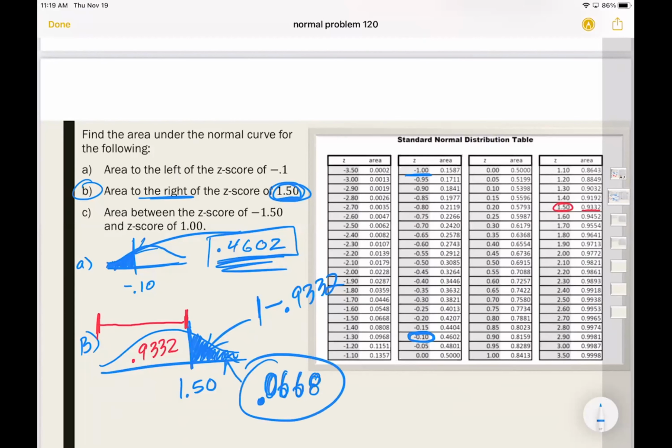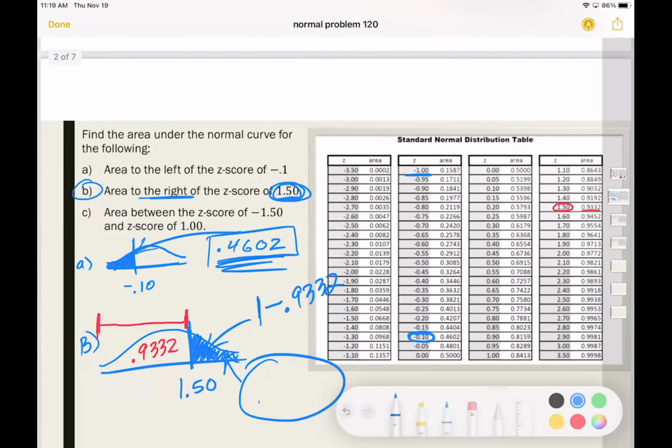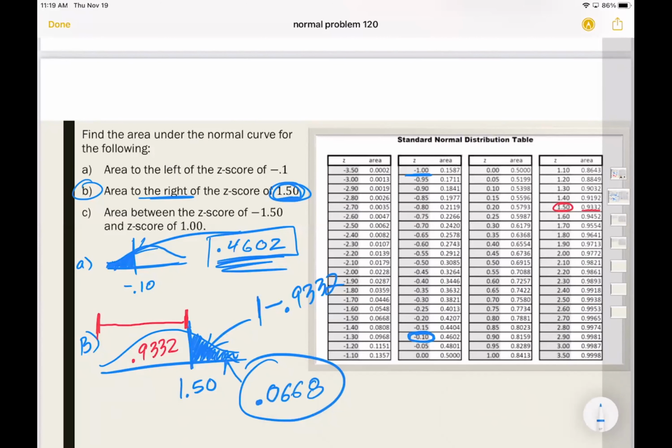Sorry for the mess here, but again, the answer we're looking for, if you take 1 minus this on your calculator, is 0.0668. Okay, so that is how to find the area to the right of the given z-score.